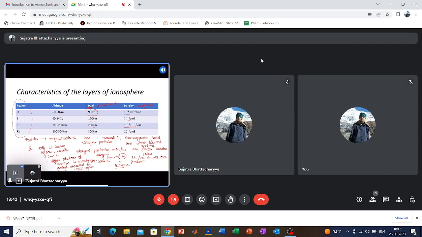So it cannot reach, or it reaches the lower layers, but the amount of ionization is less in the lower layers. Fine. So this is the concept which we have seen for all the layers.